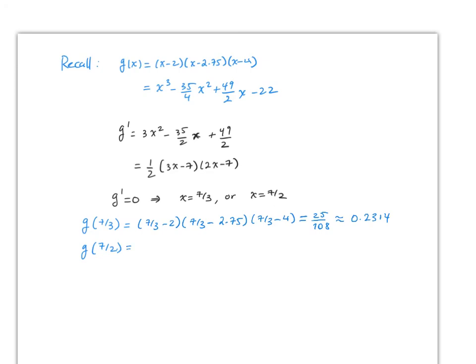Then g of 7 over 2 is equal to minus 9 over 16. You should check this, which is minus 0.5625. So now this one is bigger in absolute value.